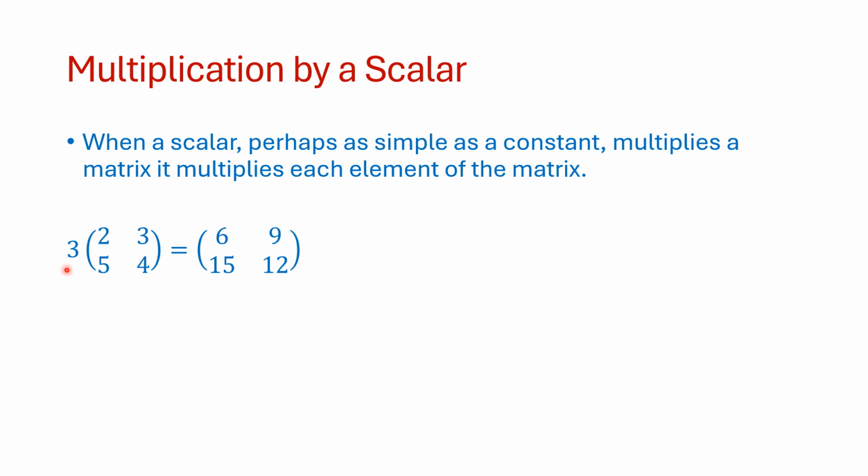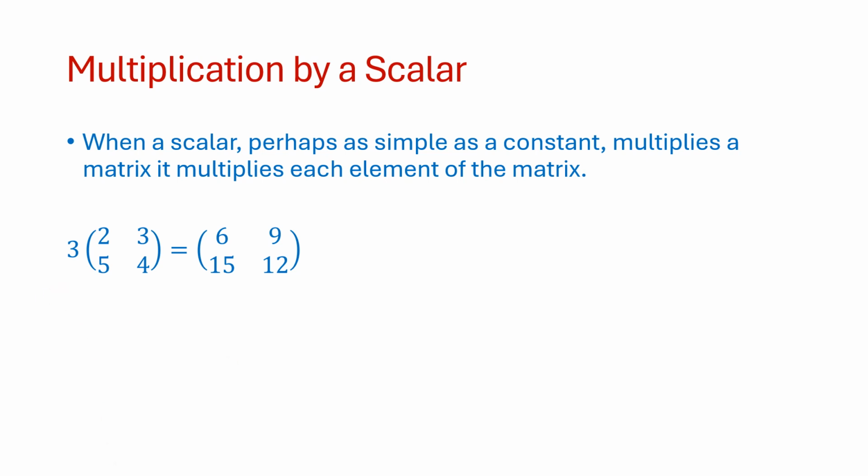So if I have 3 times a matrix, 2, 3, 5, 4, I would multiply the 3 by each position, each element. 3 times 2 is 6. 3 times 3 is 9. 3 times 5 is 15. And 3 times 4 is 12. So again, it's a very simple operation. And so you should not fear working with matrices.